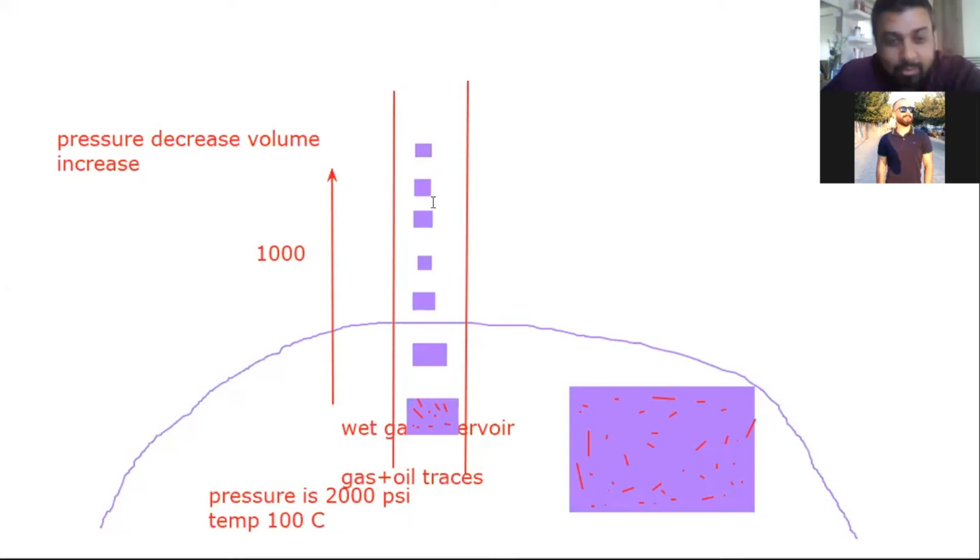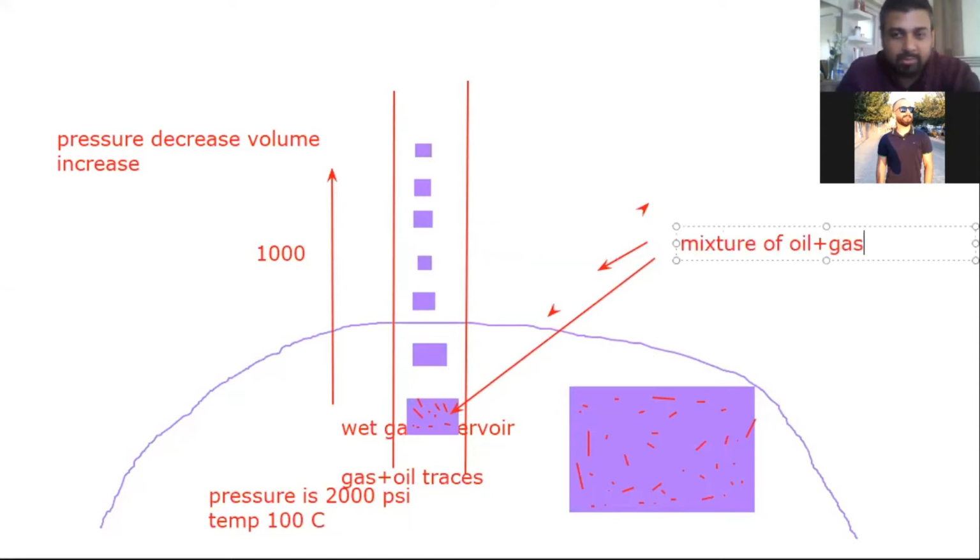Why? It is because previously, at this point, the mixture was oil plus gas. As the pressure is declining, the oil is coming out, making a separate phase.